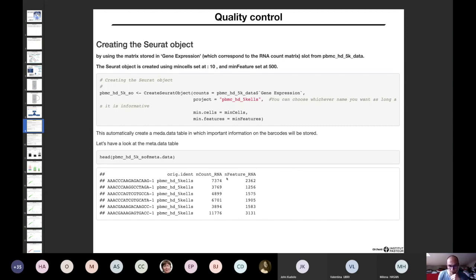But these two columns are very important because we have the nCount_RNA column, which corresponds to the total number of UMI detected in the cells. And nFeature_RNA is the total number of genes detected in the cells. So among the three variables we need for the QC, right away when we create a Seurat object, we already have two of them.